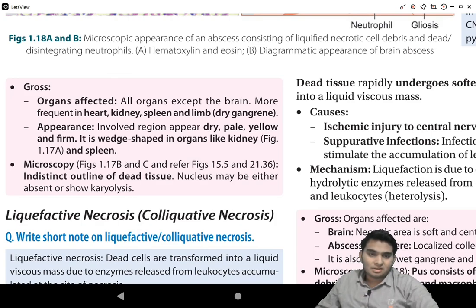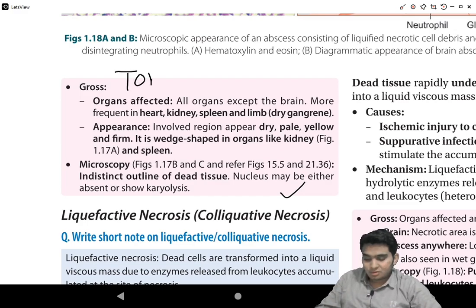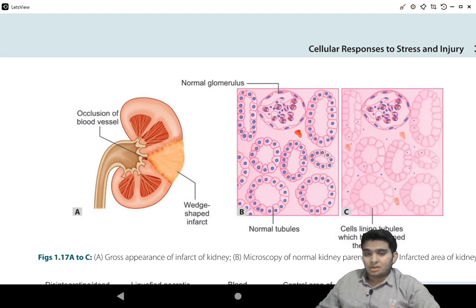Microscopy shows an indistinct outline of dead tissue. The nucleus may be either absent or show karyolysis. One point you have to remember: tombstone appearance is seen in coagulative necrosis. Here you can see the wedge-shaped infarct in the kidney.